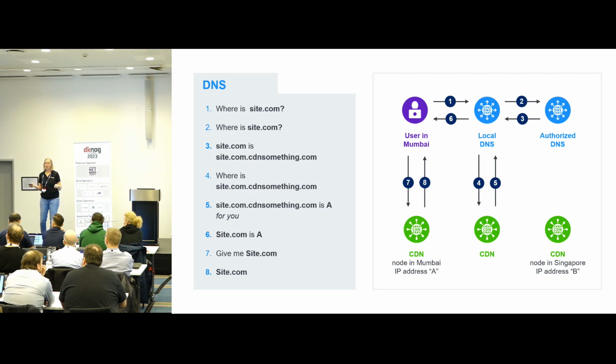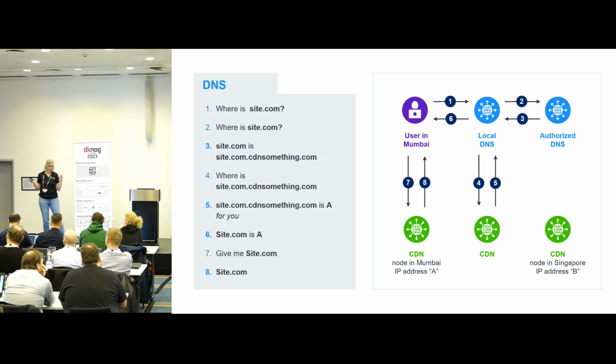Quick recap on how a more DNS-specific CDN works. If we start with one, there's a user in Mumbai, in India, asking, hey, DNS, give me site.com, where can I find it? And then the local DNS server asks the authoritative DNS server, hey, where can I find site.com?